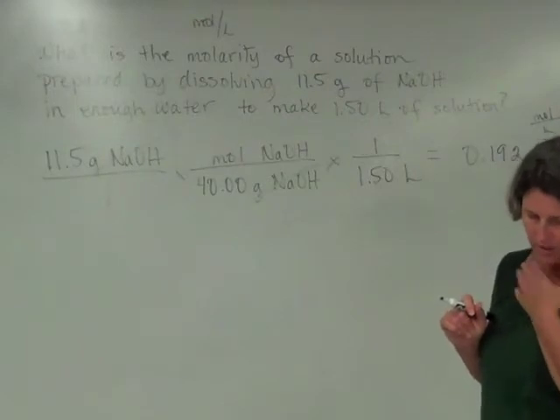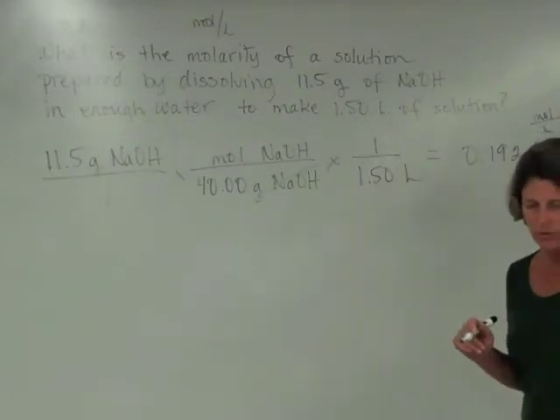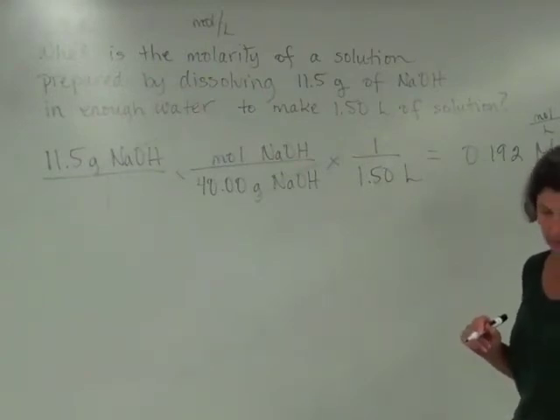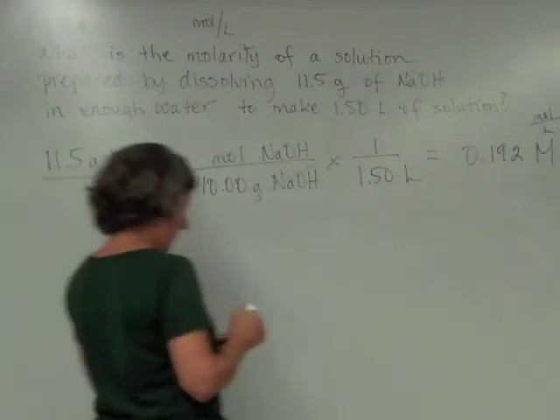How many grams of copper 2 sulfate are contained in 500 mils of a 0.750 molar copper sulfate solution? Okay, there's a mouthful. So let's write this down. Let's do it in a different color pen.